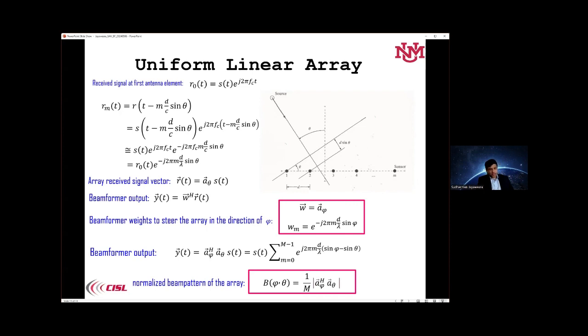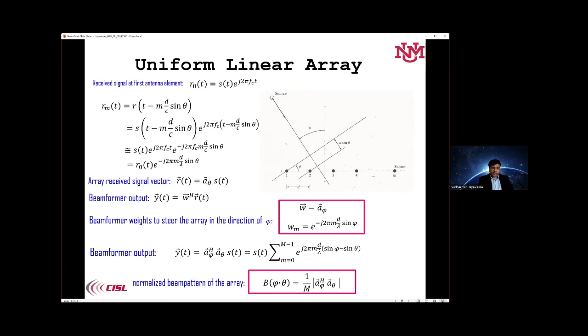Now, the classic assumption in many cases is the so-called narrowband array assumption, which means that your baseband signal has a much narrower bandwidth compared to the carrier frequency. So s of t minus m d sine theta over c you can assume as almost s of t, because compared to that small time difference, the signal has not changed much.